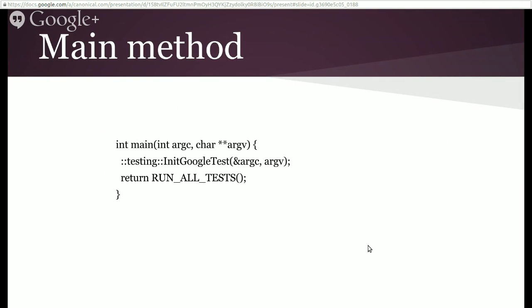Now, I forgot to mention how you run the tests, right? I mentioned before that we have all the logical tests in the same file. So what you may want to do is create a main function for each of those logical groups of tests. With that main function, you'll compile your tests into different executables, each of them being a logical group, which you can later run manually or tell CMake to run them for you, and so on and so forth.